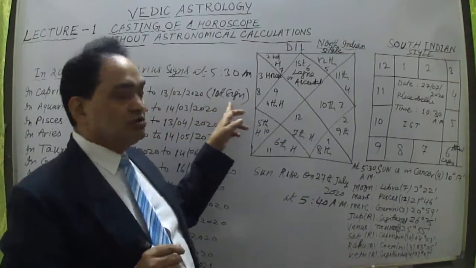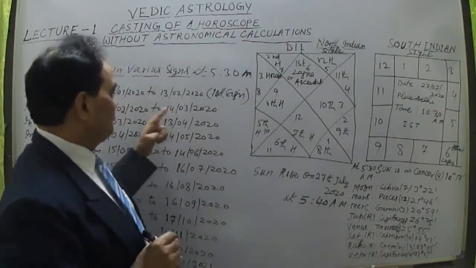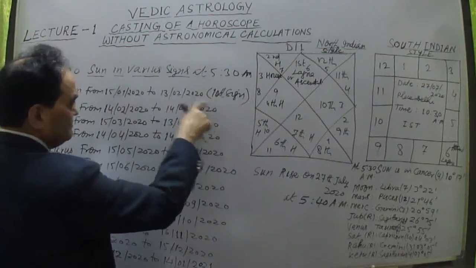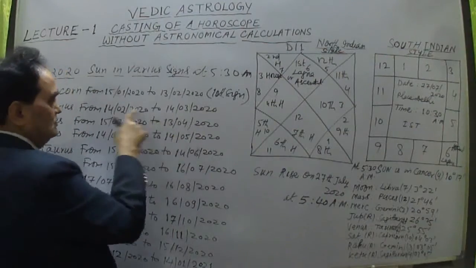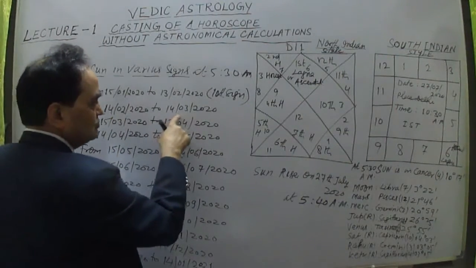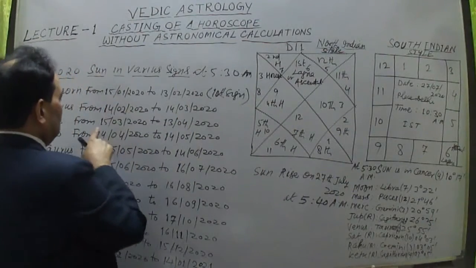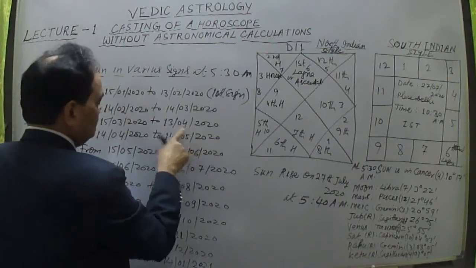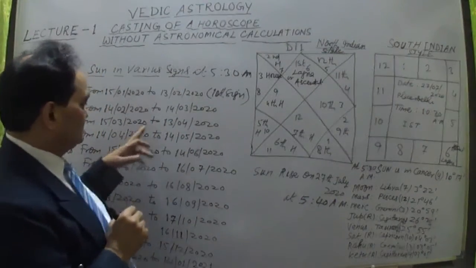Then Aquarius, because up to 13th it was in Capricorn, and from 14th February to 14th of March. And from 15th March to 13th April, it was in Pisces sign.